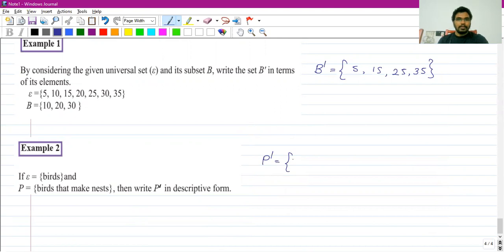So we can say the universal set is birds, and subset P is birds that make nests.